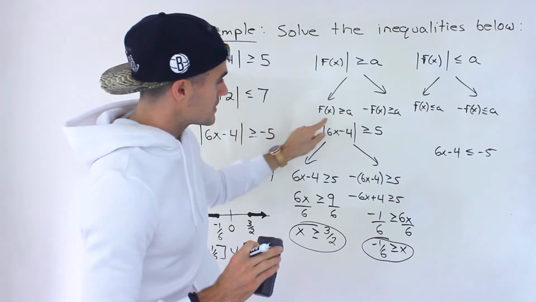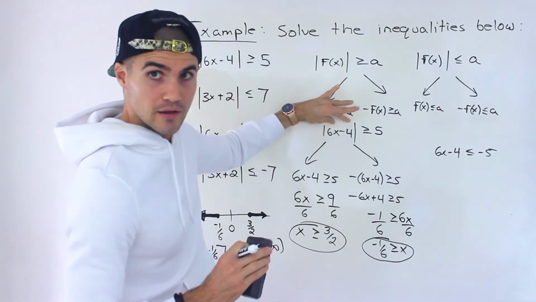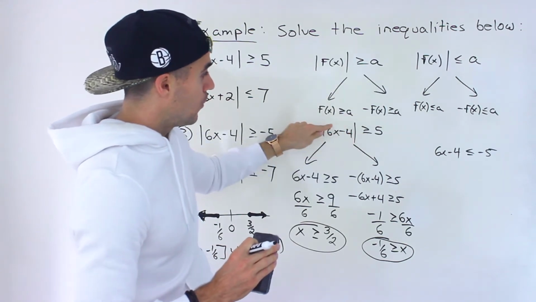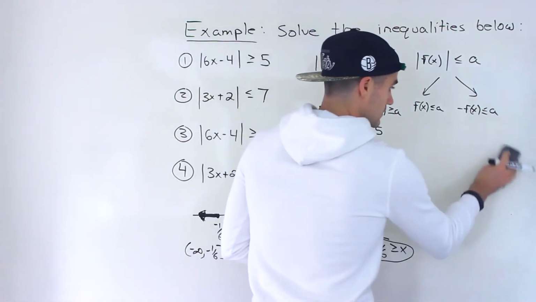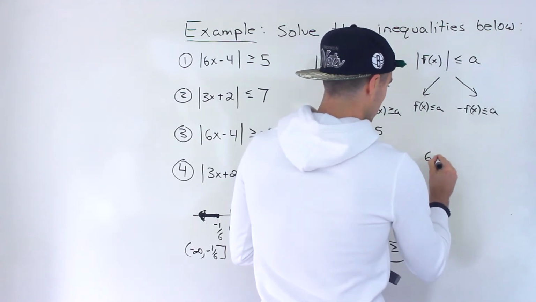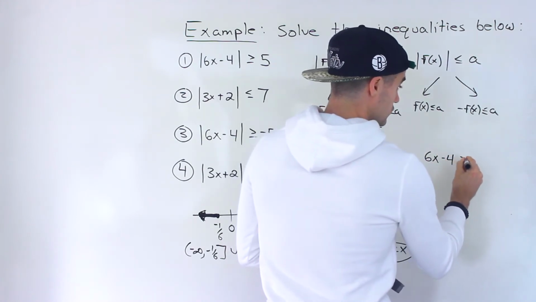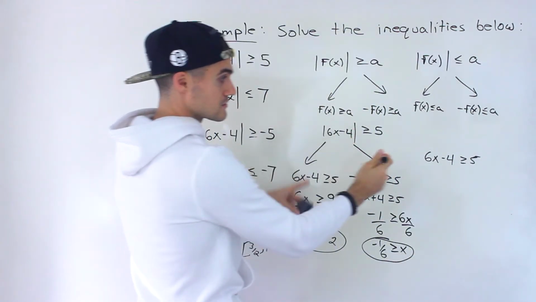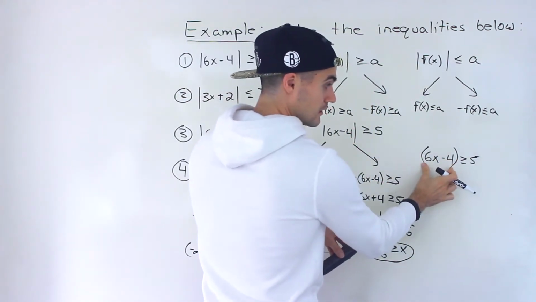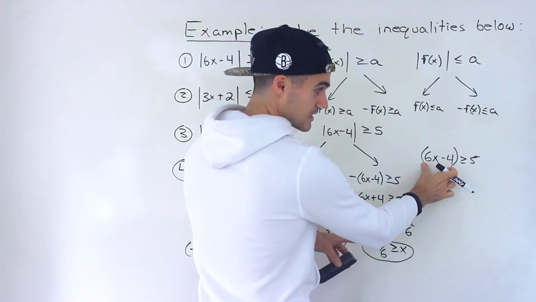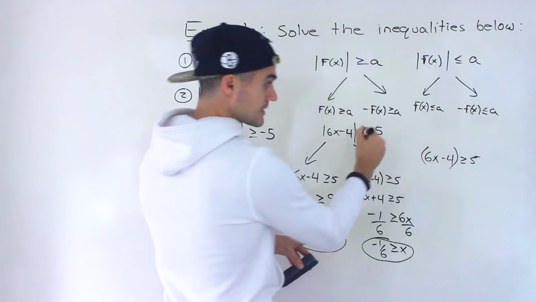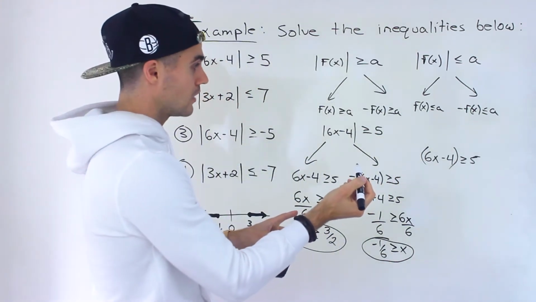So let's think about this. The absolute value of something, this expression, has to be greater than or equal to 5. Well, it's obvious that if this here is greater than or equal to 5, then it's going to satisfy this, right? If this here ends up being, let's say, positive 6 or positive 7, positive 8, positive 100, it's going to satisfy that inequality.